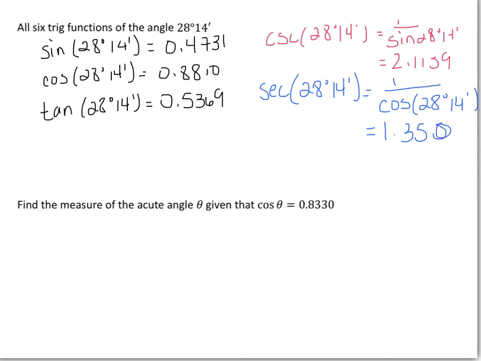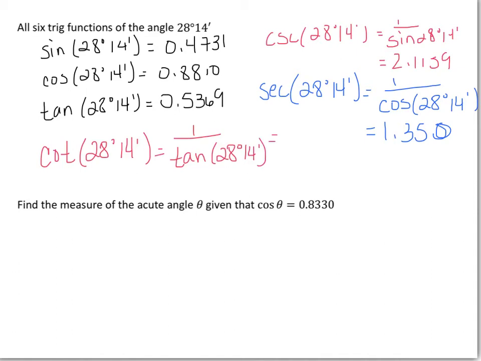And finally, the cotangent. You'll take 1 over the tangent to get 1.8624.